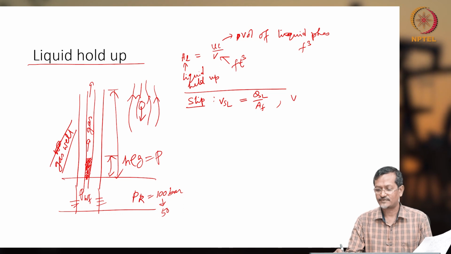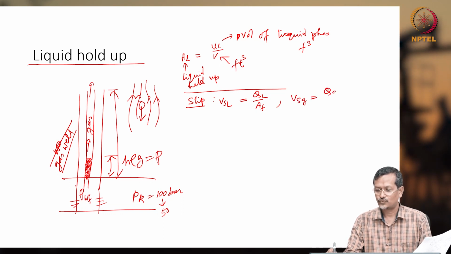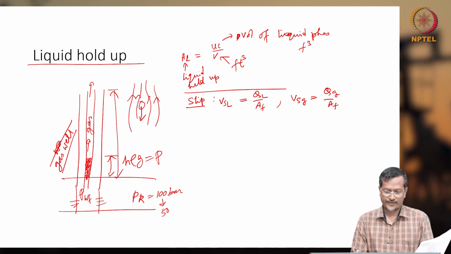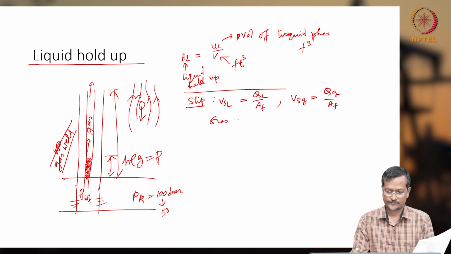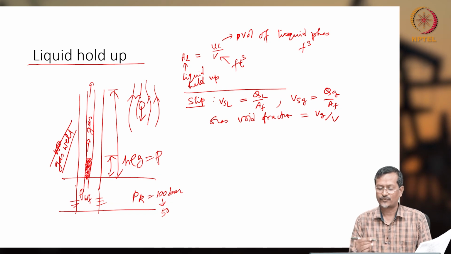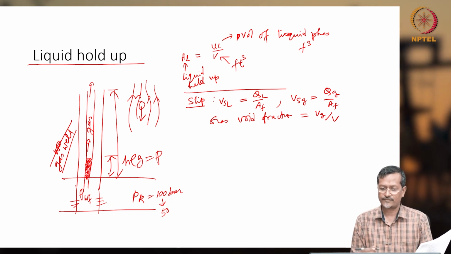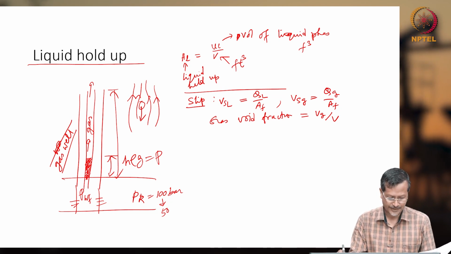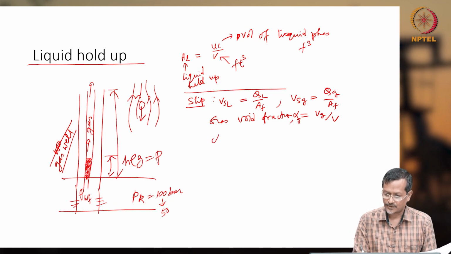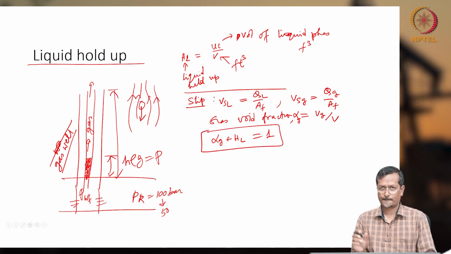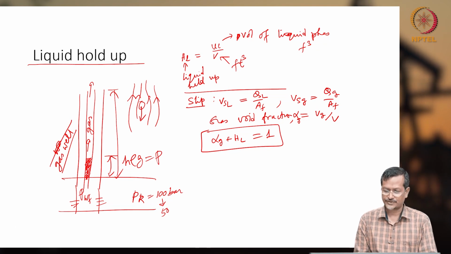Similarly you can define the superficial velocity of gas as QG by AF. Now, gas void fraction equals Vg by V, and liquid void fraction is VL by V, and the total gas void fraction is written as alpha G. So alpha G plus HL equals 1, because the total fraction must be 1.